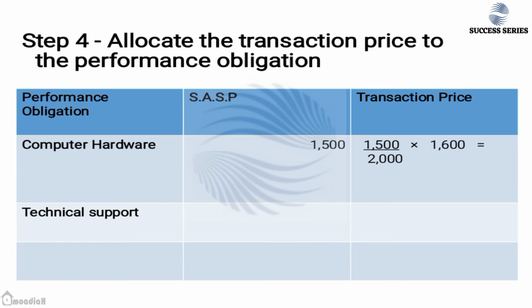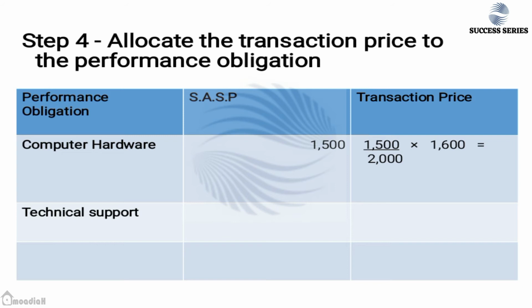How is it going to be done? We'll pick the 1,500 and then divide by the total standalone selling price.